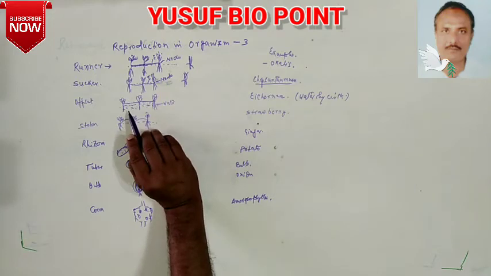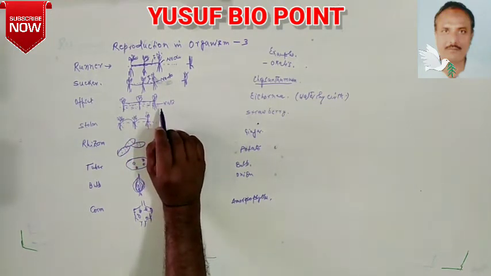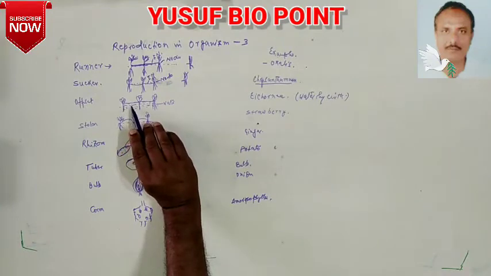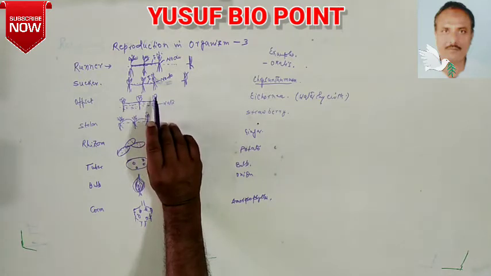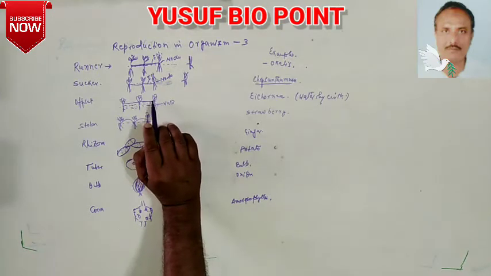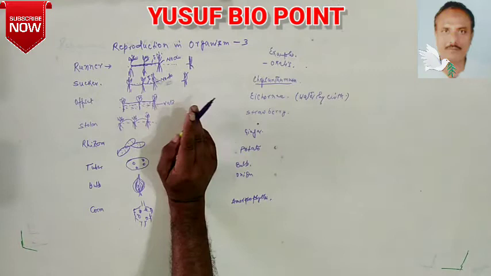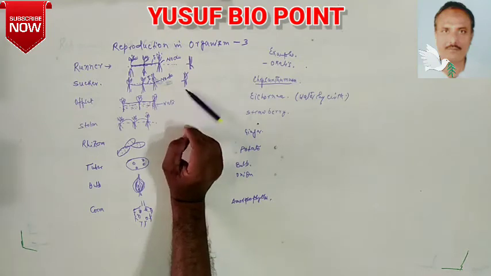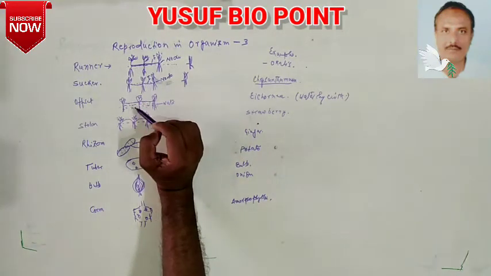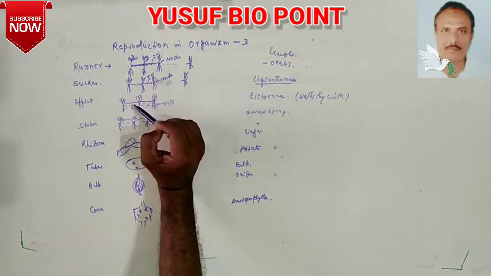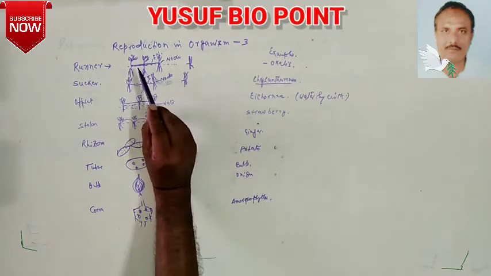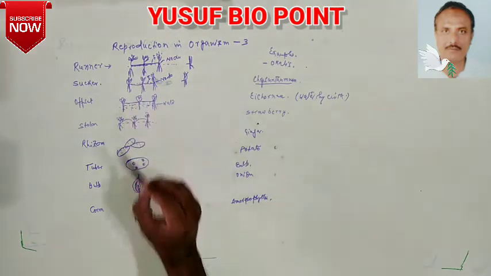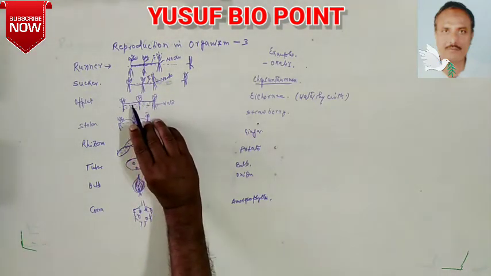Next one is offset. This plant is found in water. The internodes are spread over the water, having nodes, and from each node the roots and leaves come out. Example is eichhornia. One thing you should know: the runner is found on the ground, and the offset is found in the water. In runner the internodes are hard and stout; here the internodes are spongy.